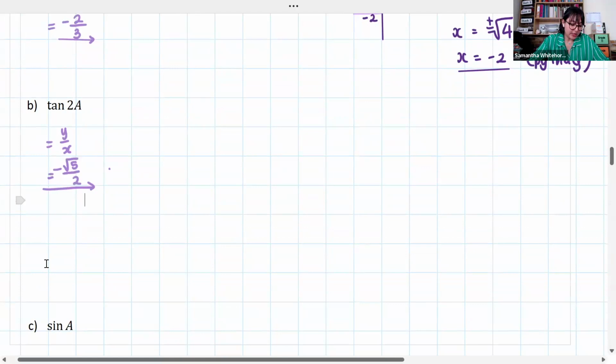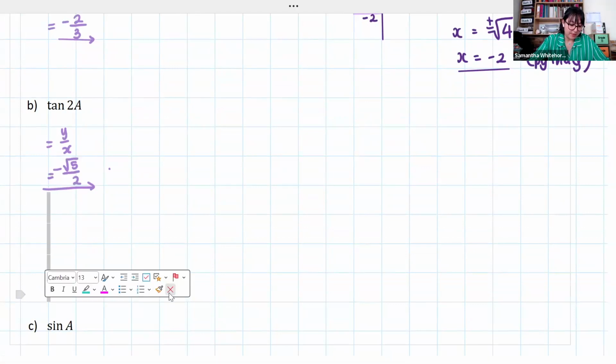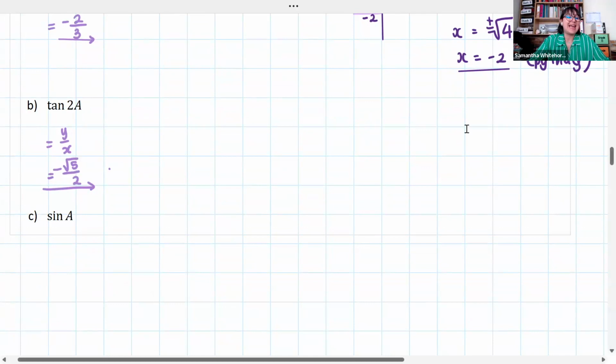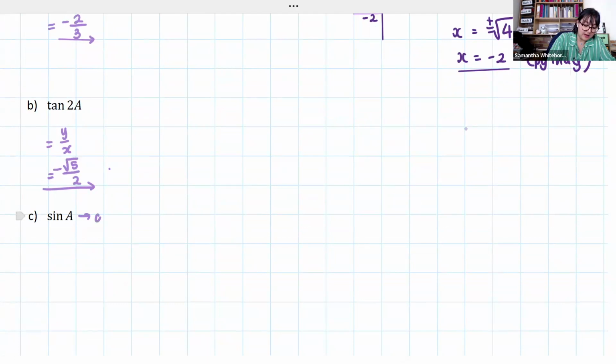However, when we get to question C, now we need to be careful because in question C, we're now being asked to find the value of sine A. The angle I'm working with is 2a. And so what that means is now we almost need to go backwards from the double angle to the single angle.